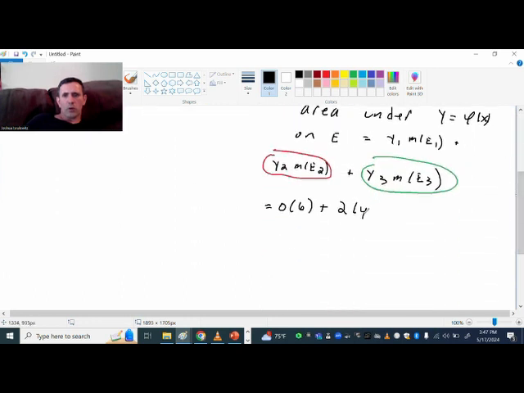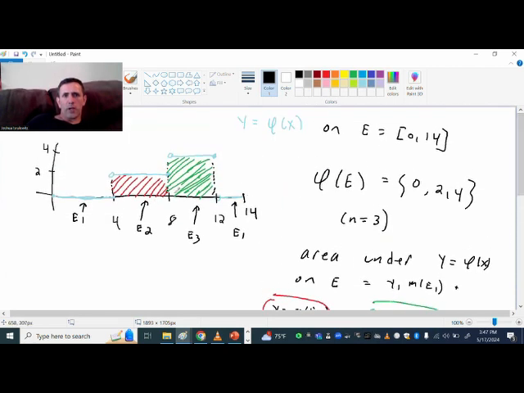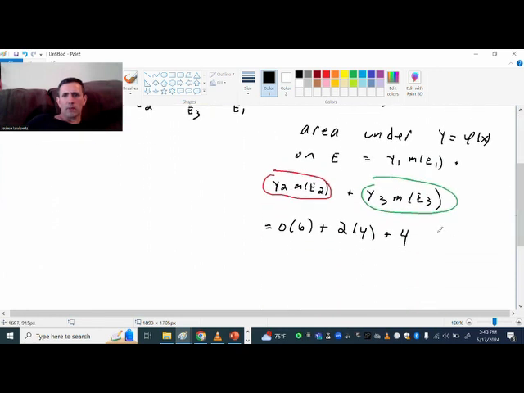So 2 times 4. Y3 is 4, and the measure of 8 to 12 is 4. For a total of 8 plus 16 is 20.